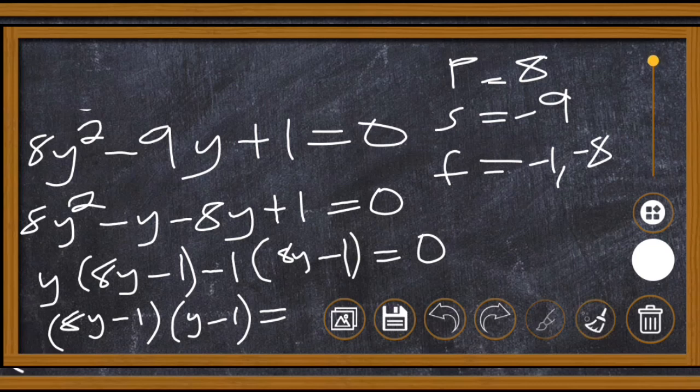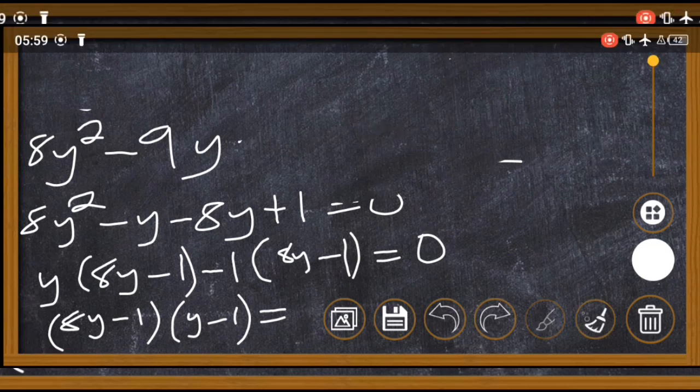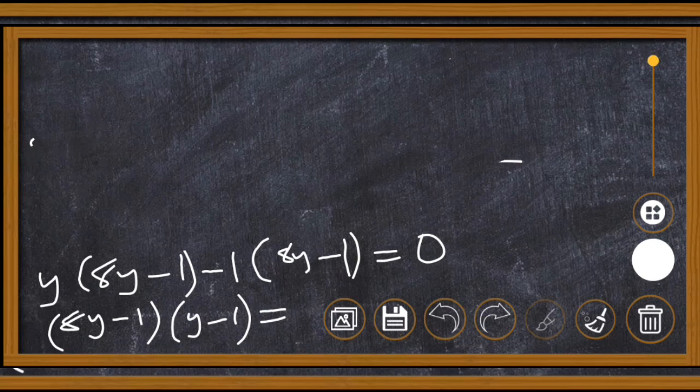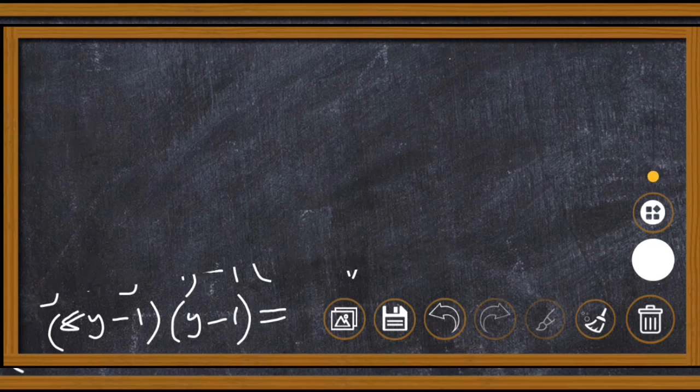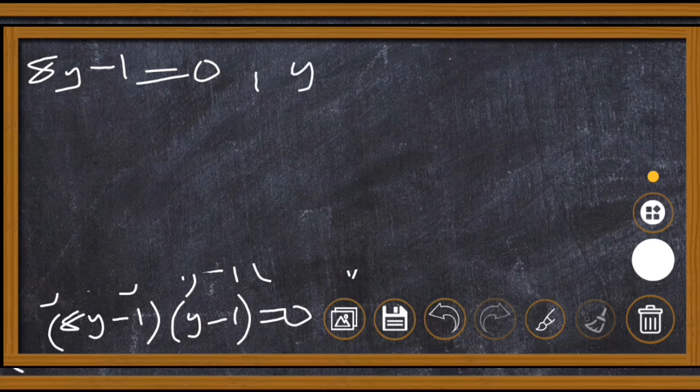So in this case, let's solve the value of y. Okay, so let me just wrap the top part here so that we can use the space. Solving this, we know it's going to be 8y minus 1. So we are equating both of these to 0. So this is going to be equal to 0, and also y minus 1 equal to 0.